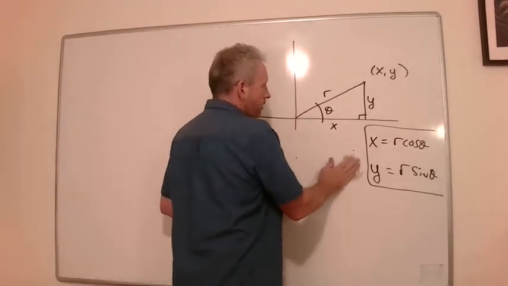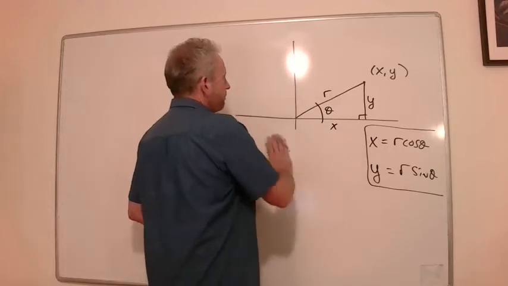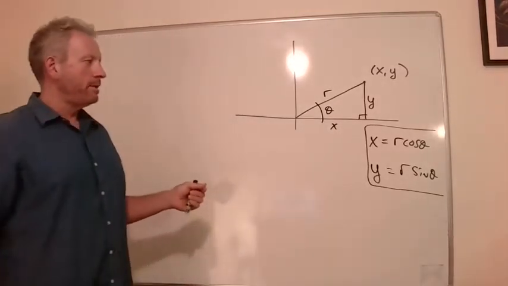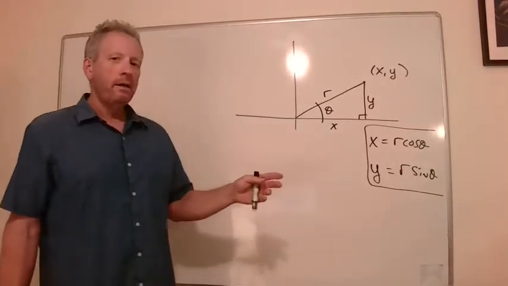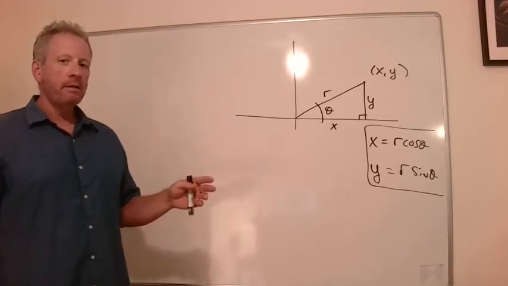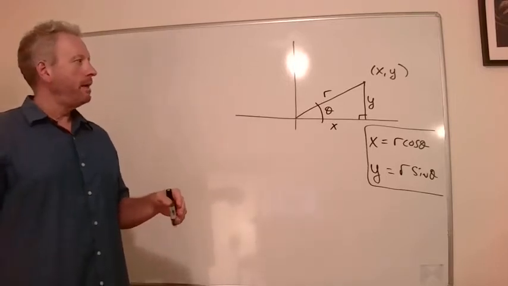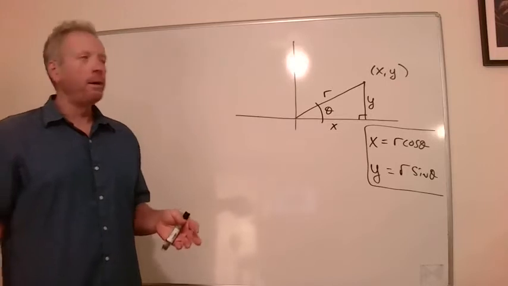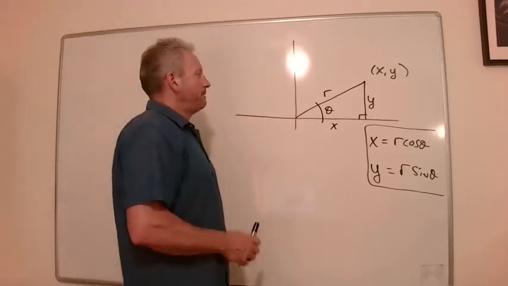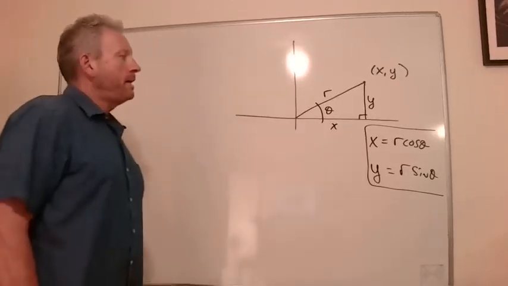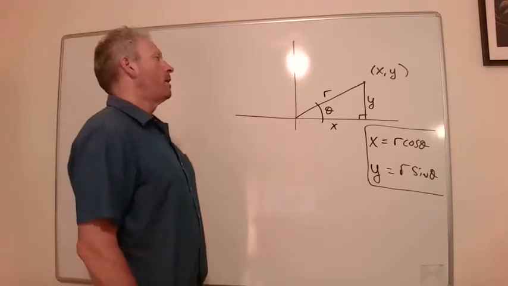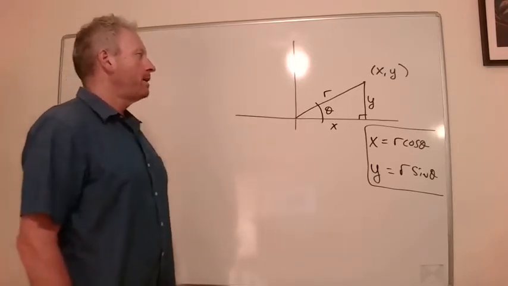We want to be able to go the other way around. In other words, if someone were to tell us x and y, we could tell what r and theta are. And I suppose there's many ways to go about doing this. Again, we imagine that we are given x and y, and we want to get r and theta.